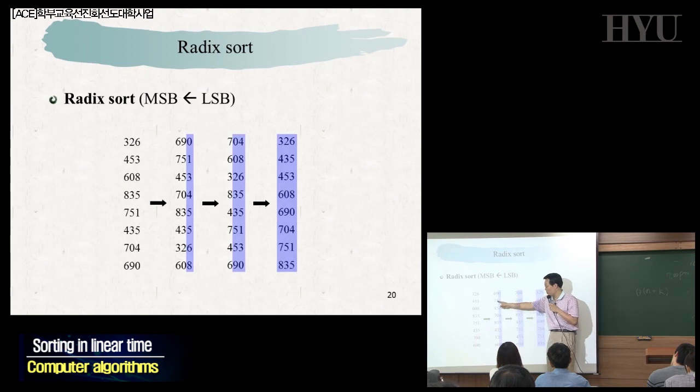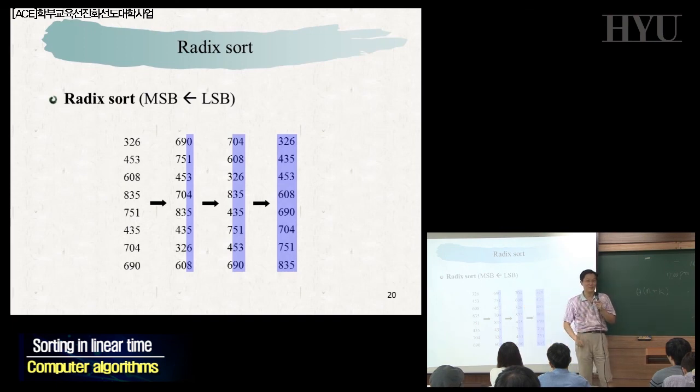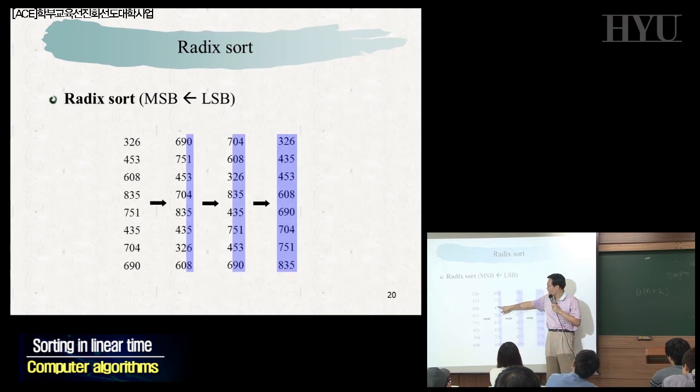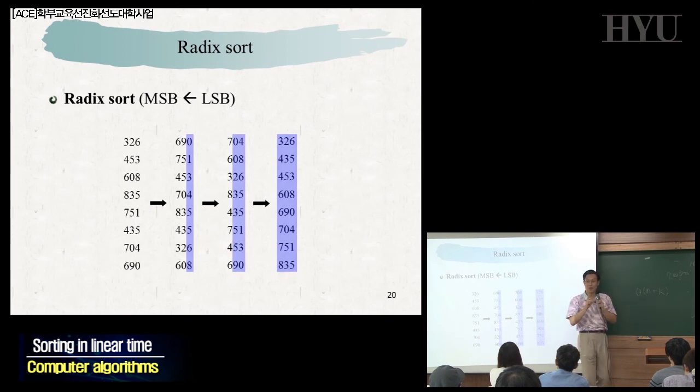But if their values are different, we don't have to care about it because they are sorted using only these numbers. But sometimes we have to see the smaller digit. When do we have to see that? Yes, when they are the same. In this case, this is 1 and this is 3, and they are the same. If they are the same, if we don't see the smaller values, they can be mis-sorted. Right.